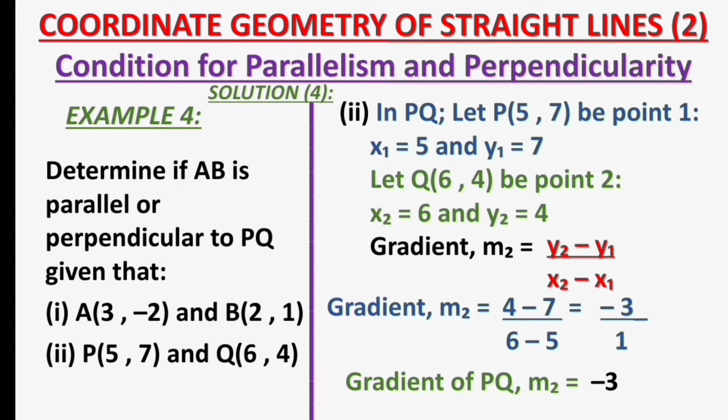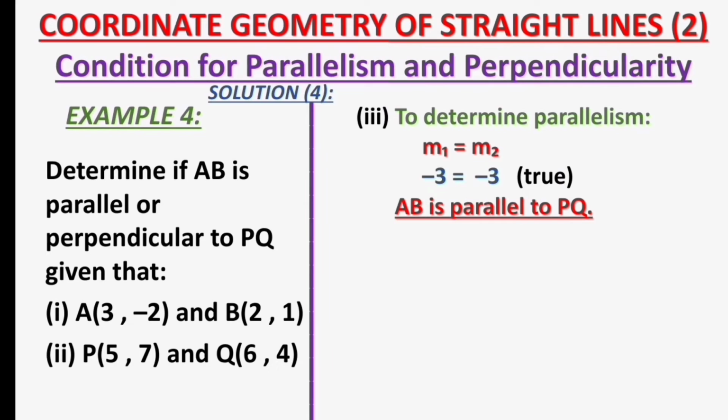Now that we know the values for m1 and m2, which are the gradients of the two straight lines AB and PQ, let's determine if the two lines are parallel or perpendicular. To determine parallelism, m1 should be equal to m2. Since m1 is equal to minus 3 and m2 is equal to minus 3, the two gradients are equal. In other words, line AB is parallel to line PQ.